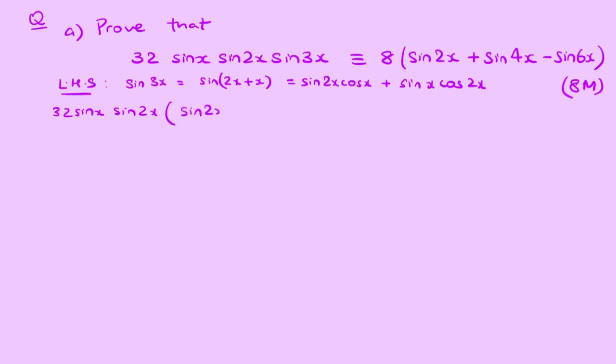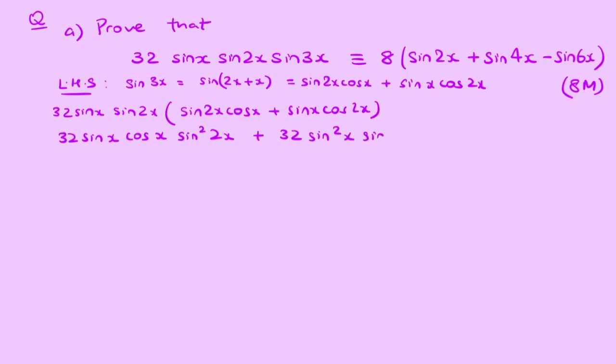Make sure you have a bracket, and it will now be expanded. Carefully expand this, so 32 sin x cos x sin squared 2x plus 32 sin squared x sin 2x cos 2x.